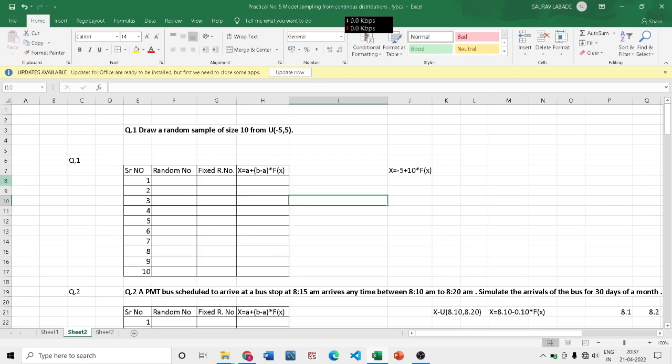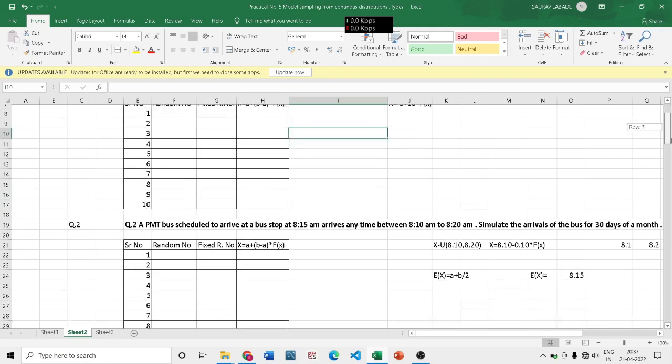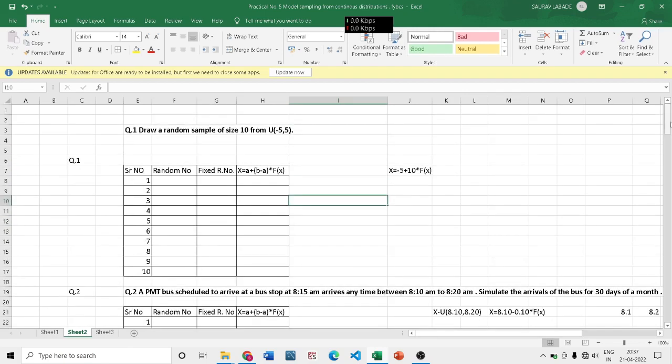Now here we are considering three basic continuous probability distributions. The first distribution we are considering is the uniform distribution. Here you can clearly see this is the first question, which is of the uniform distribution.